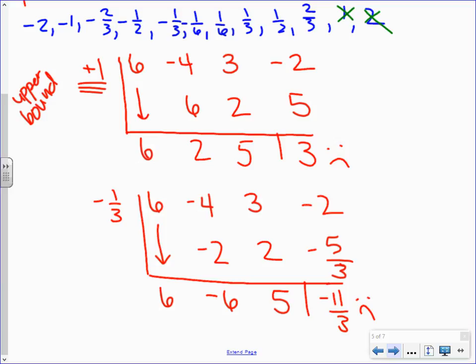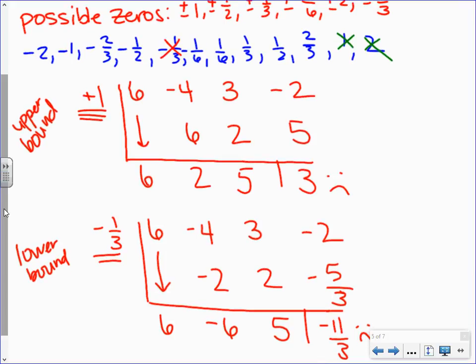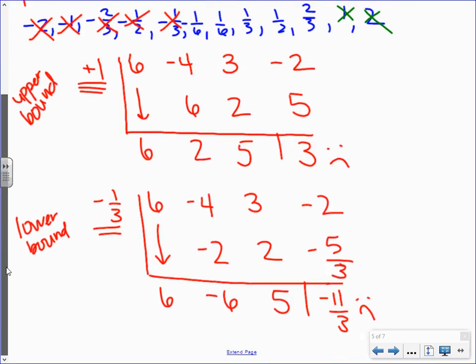Now, since C is negative, and these signs alternate, then we know this can be a lower bound, which means all zeros need to be larger than it. Hold on, Caroline. So not only can we cross off negative 1/3, but also all the ones below it. Does the pattern still work if your first one was a negative 6 and you had a negative 1/3, and it was like negative 6 and then positive?